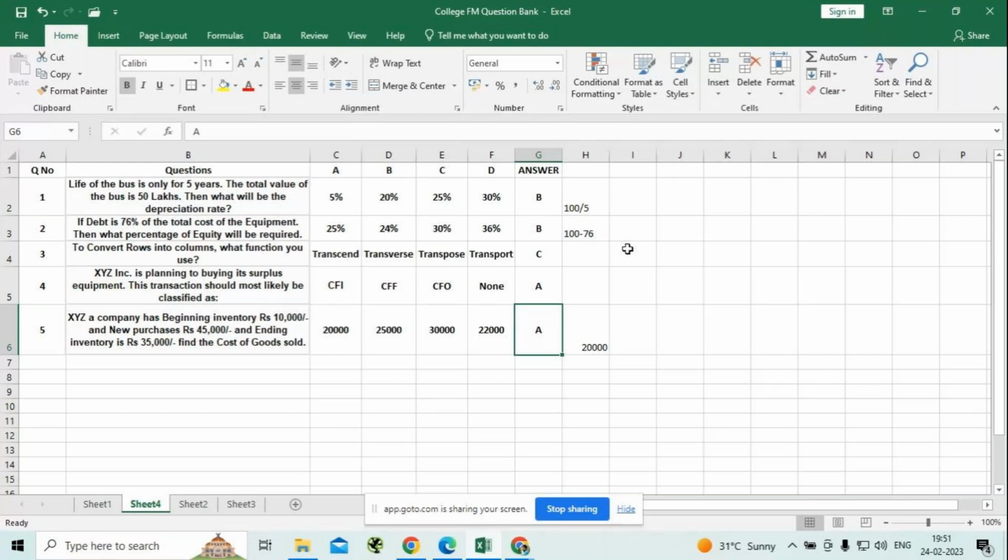I'll be sharing similar types of questions, either on Excel or on calculations, so you can take a screenshot of it and work on it.